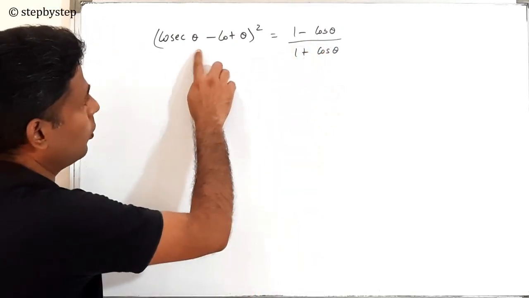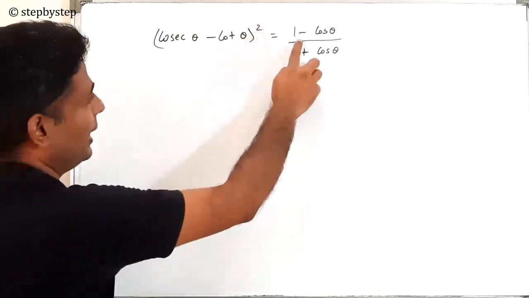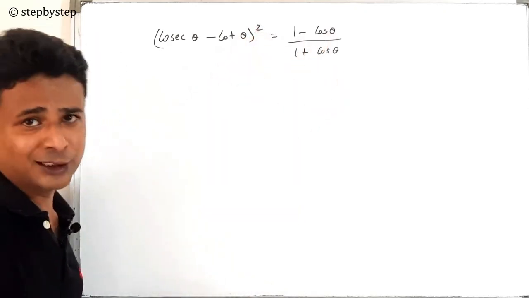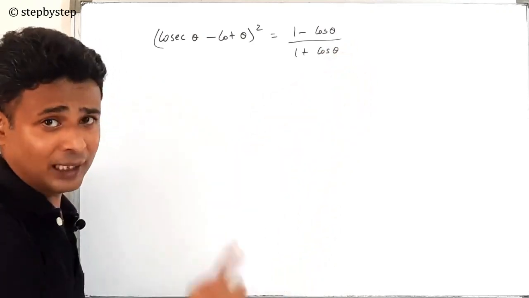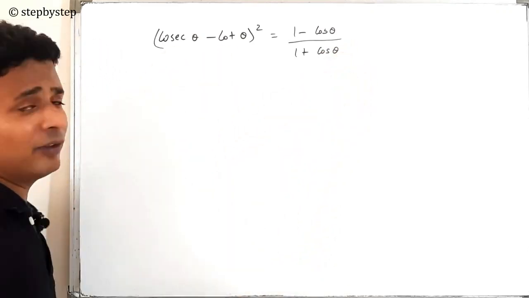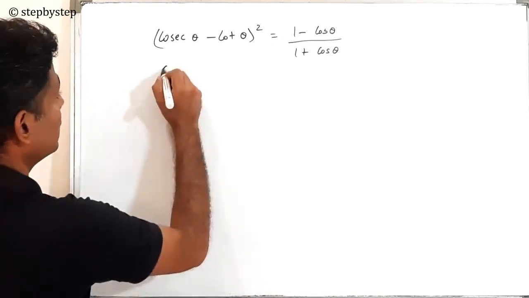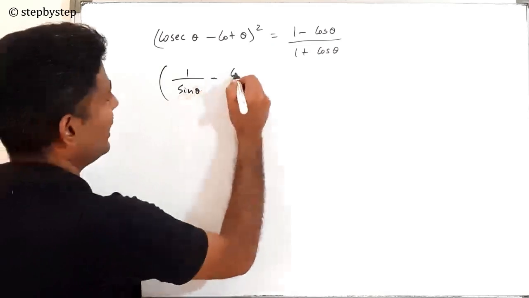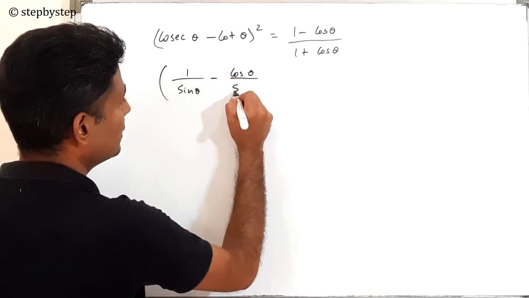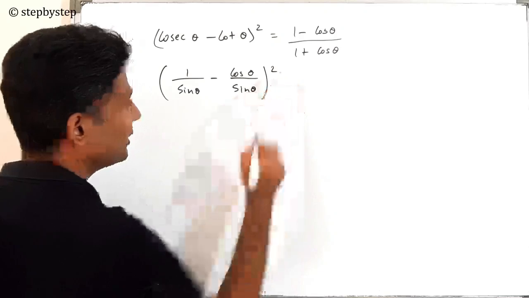Now, we have to prove (cosec theta minus cot theta) whole square equal to (1 minus cos theta) by (1 plus cos theta). There is no cosec and cot, no tan or cot on the right hand side, which means what? We have to convert everything to sin and cos. So cosec can be written as 1 by sin theta, and cot is cos theta by sin theta, whole square.